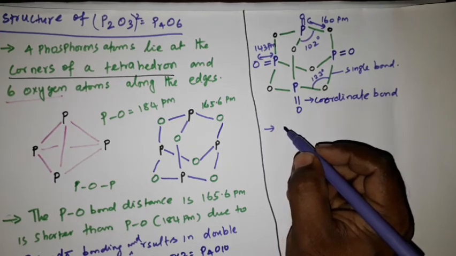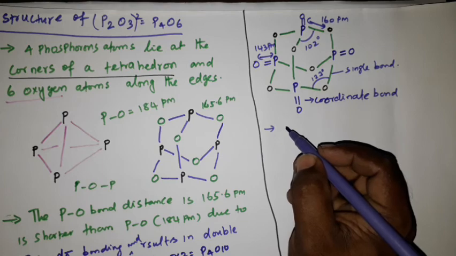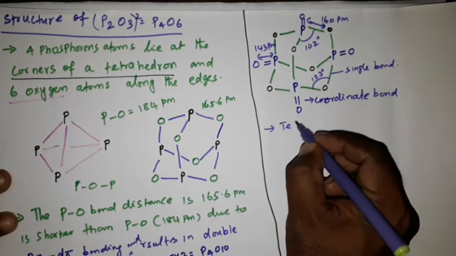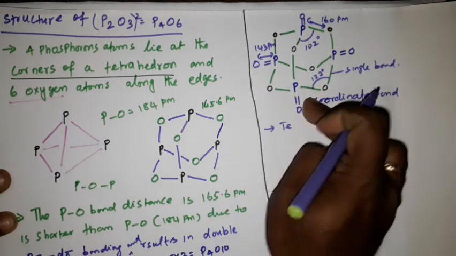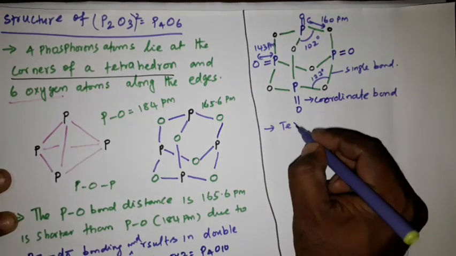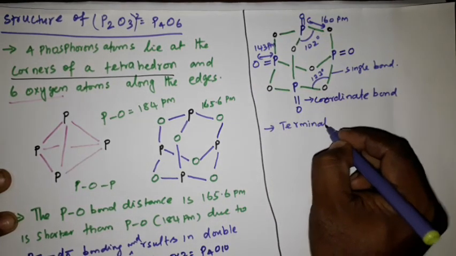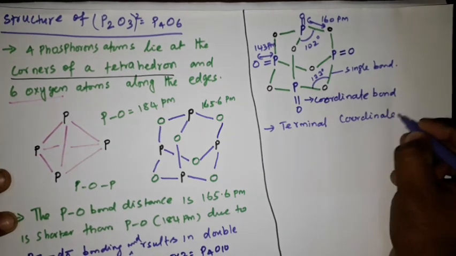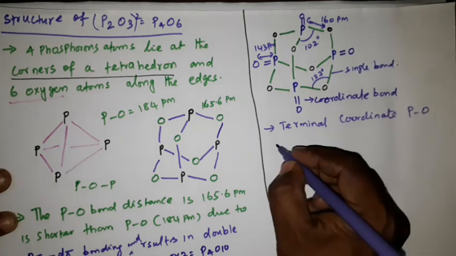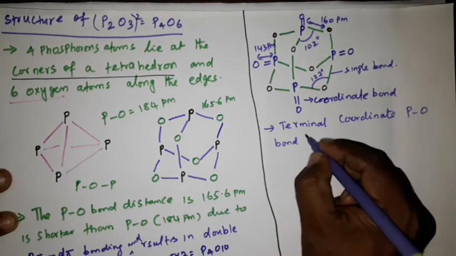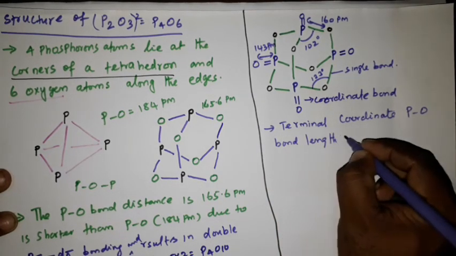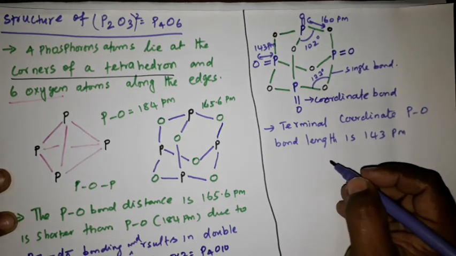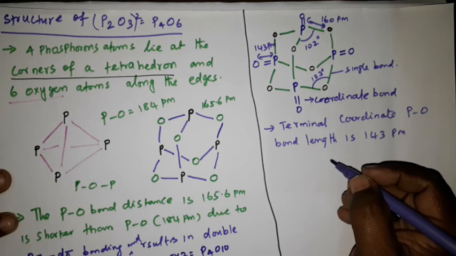Then the second point, the terminal coordinate PO bond length is 143. See, this is terminal. 1, 2, 3, 4 terminals. So the terminal coordinate PO bond length is 143 picometer, which is less than the expected single bond distance.